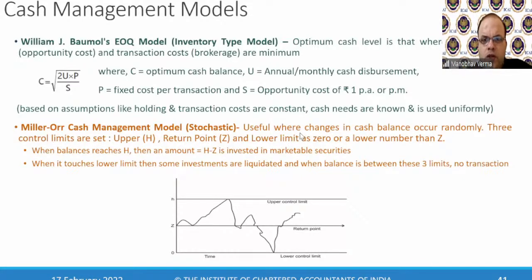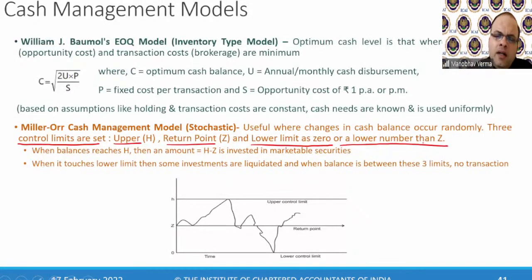We identify 3 control limits in this model: an upper limit, a return point, and a lower limit. The upper limit is H, the return point is Z, and the lower limit is 0 or any number lower than Z. So a lower limit could be 0 or any number lower than that, right?